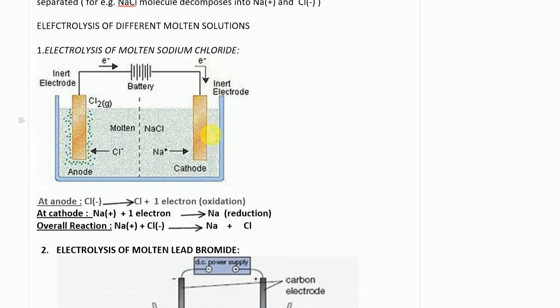When it reaches the cathode, cathode is negatively charged and Na+ is positively charged. Na is plus because it is deficient of electron. So the electron which is lost by the Cl- travels through the battery to the cathode, and Na+, which is deficient of electron, will take that electron. So Na+ will take that one electron and it will become normal Na.